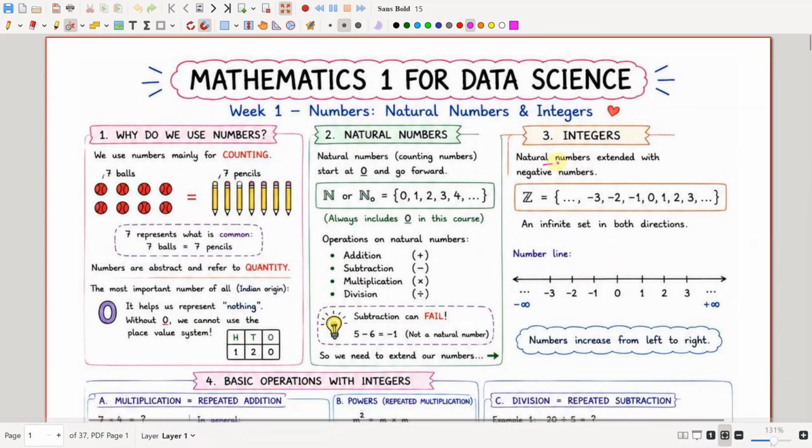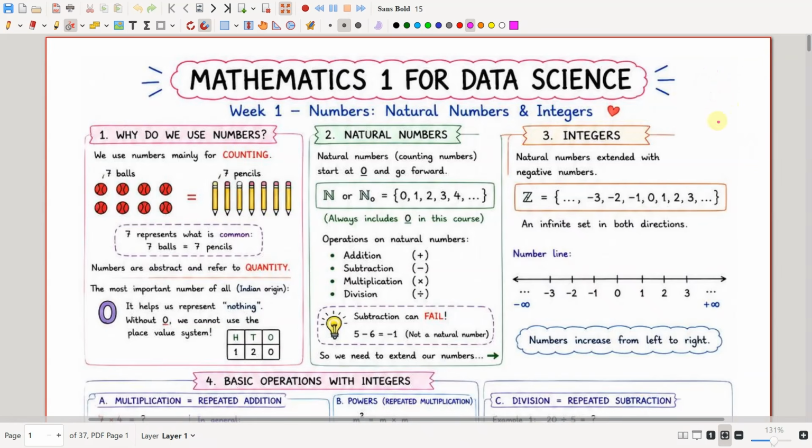For that we are using integers. Natural numbers extended with negative numbers are called integers. So the integer set will be 0, 1, 2, 3 up to positive infinity, union minus 1, minus 2, minus 3 up to minus infinity.